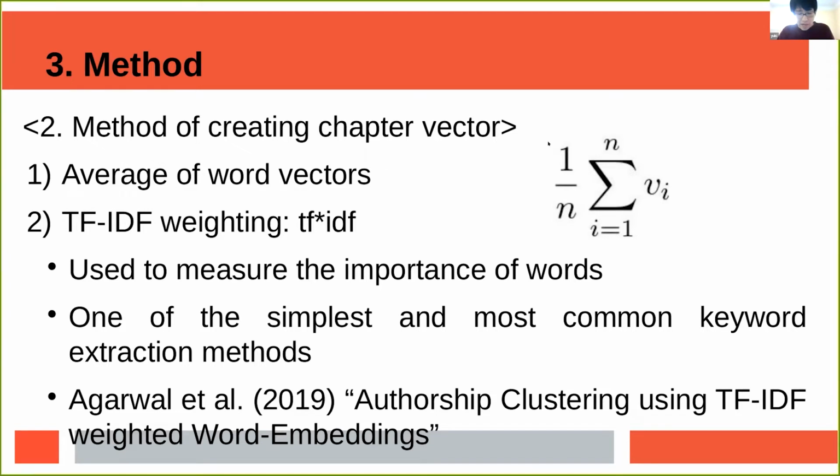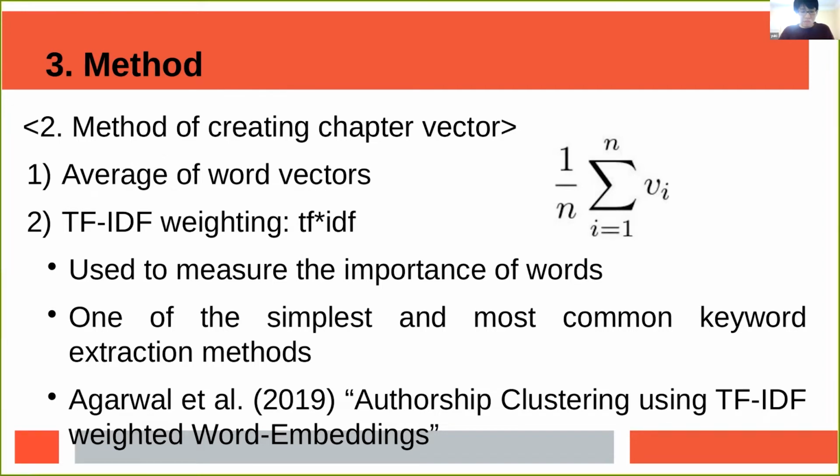Secondly, by weighting word vectors by TF-IDF, that is term frequency and inverse document frequency. In the end, I compare the chapter vectors by cosine similarity, just as last year, to measure the semantic distance between the chapters.